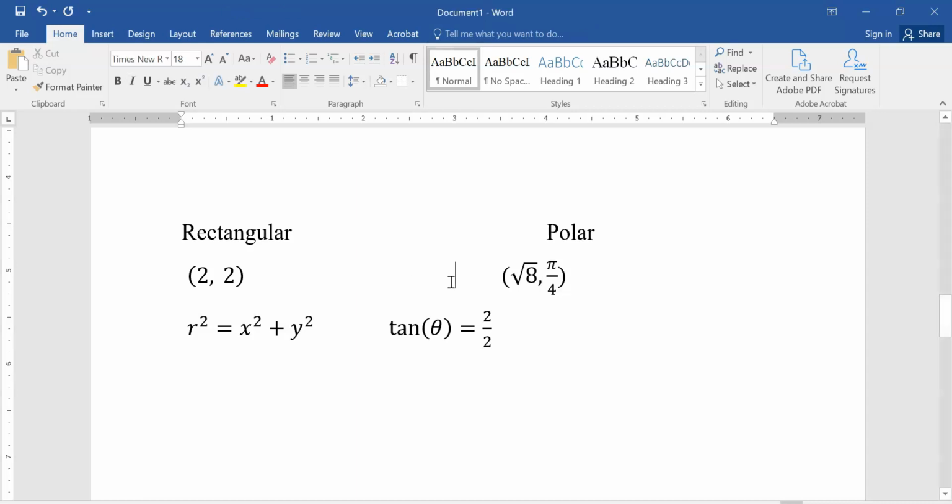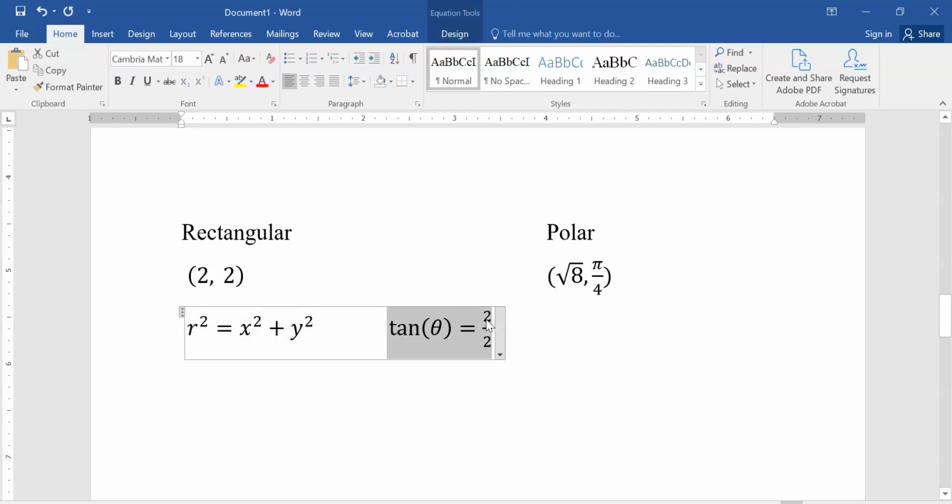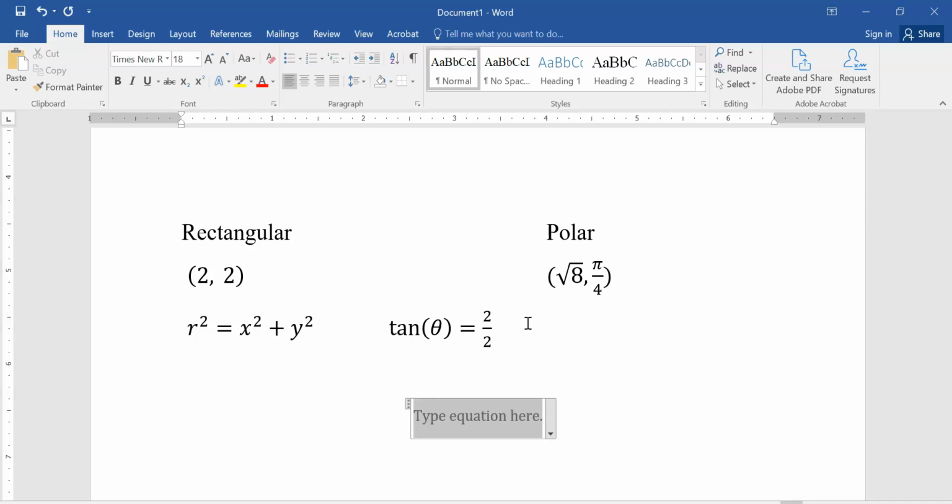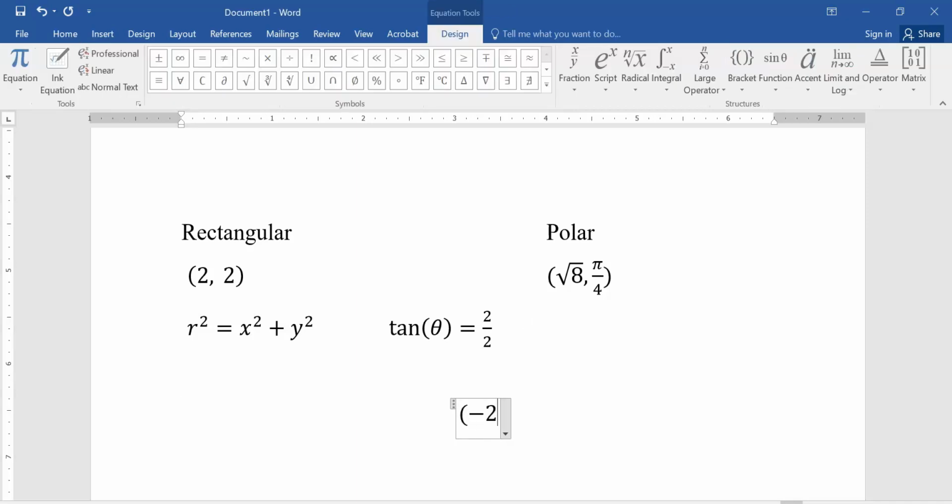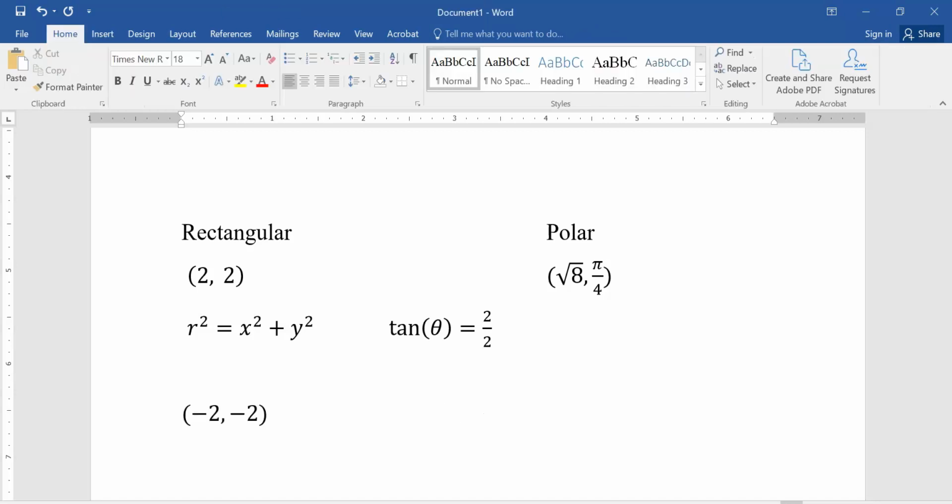Now, there is a slight weird thing with polar coordinates that we have to watch out for when we're using our calculator to find this angle theta. Here's the deal. If you were dealing with the point (-2, -2), in terms of the r value, it's basically the same calculation.